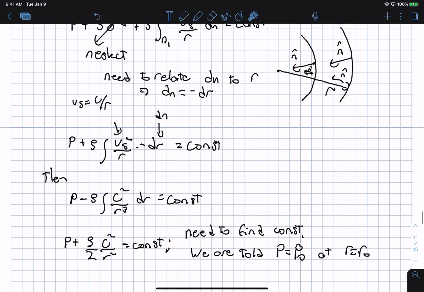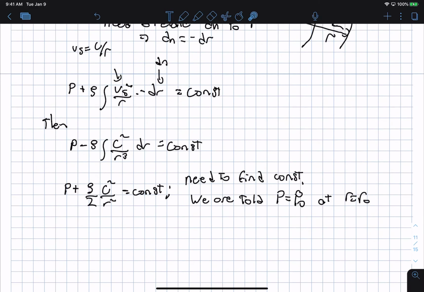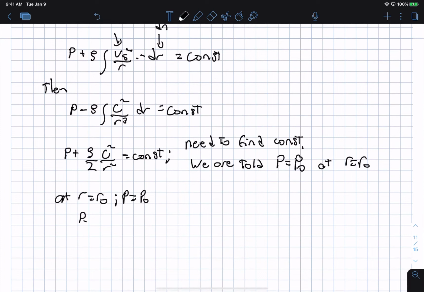But we know the pressure at one point, so we can find this constant using that one point. At R equals R naught, P equals P naught, and we substitute those in and solve for our unknown constant. So we have P naught plus rho over 2, we're assuming rho is constant, times c squared divided by R naught squared is equal to our constant.